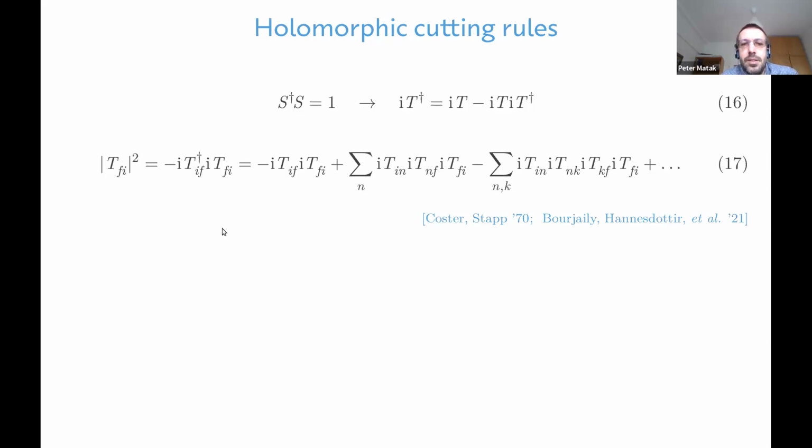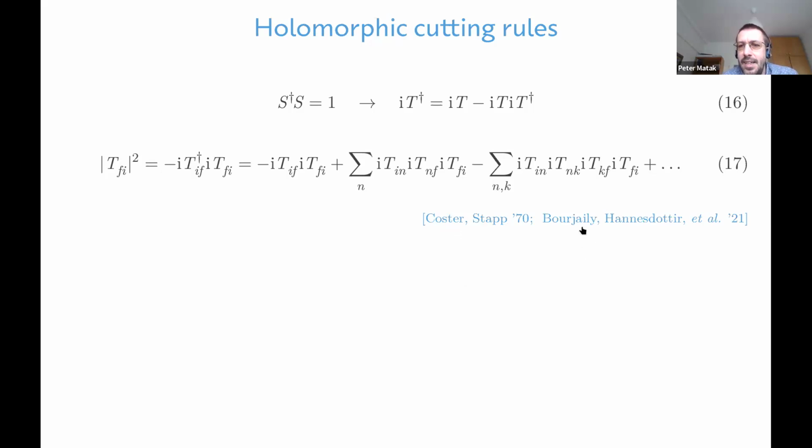And this can again be related to the imaginary part of the forward scattering diagram. So again, some version of cutting rules, and this was found in the 70s in a mostly forgotten paper by Koster and Stapp.